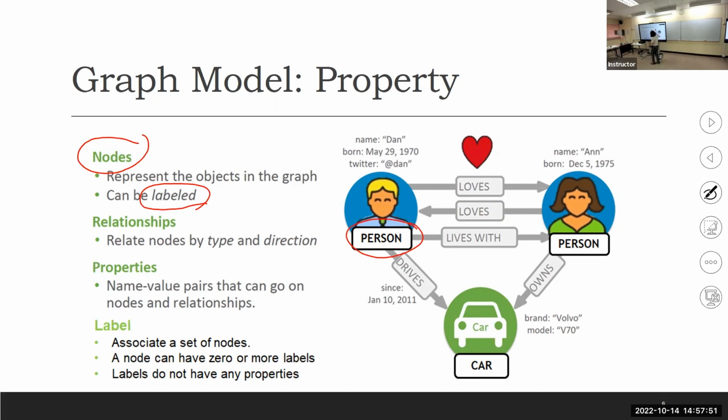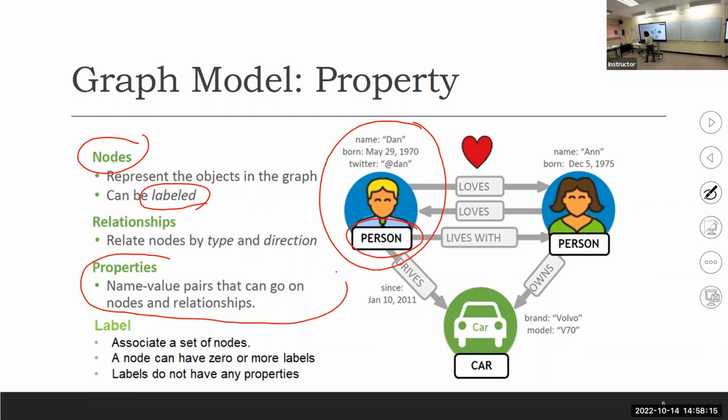So for example, this is a graph. It could be that you have this first node. It is labeled with person. So this is to say that this node belongs to the type person, object person, and the node can have name-value pairs to represent properties associated with the node as well.